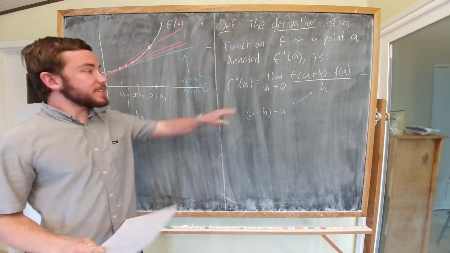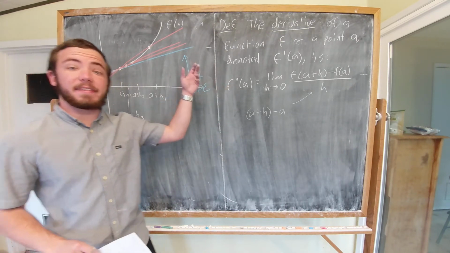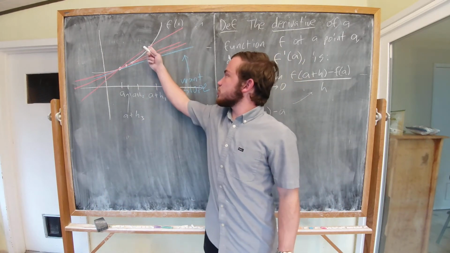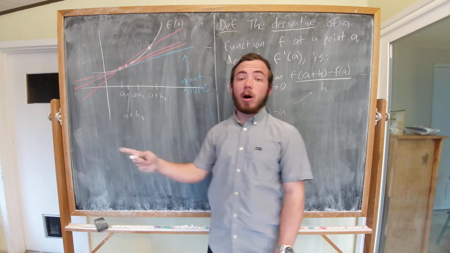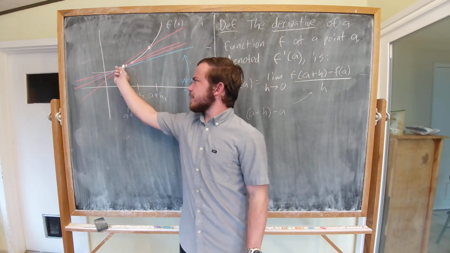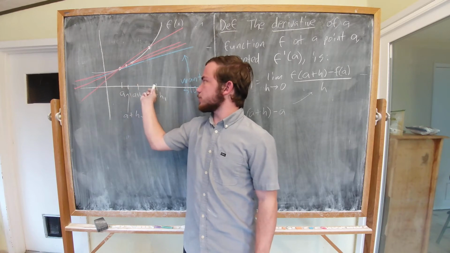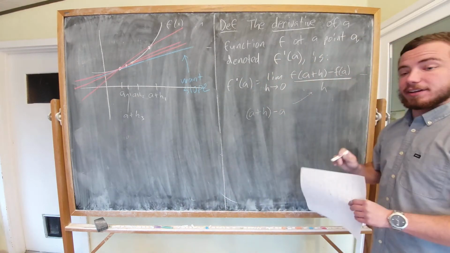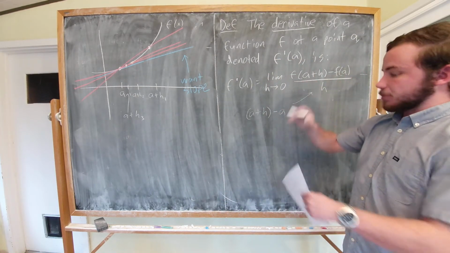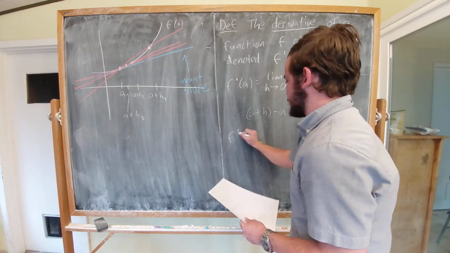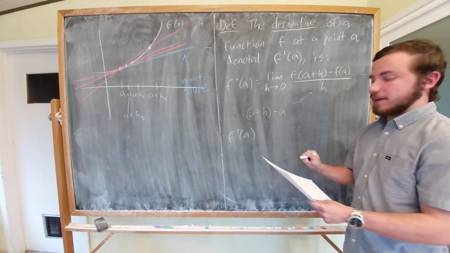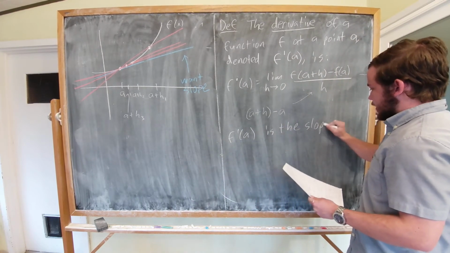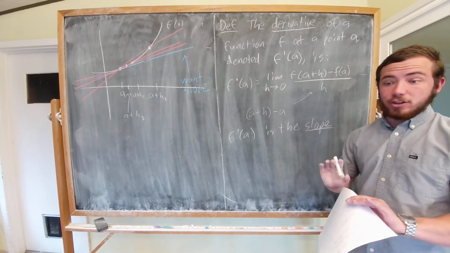Okay, so this is our definition of derivative, and we see that this is saying, hey, take average rates of change as h gets smaller and smaller and smaller. And if you take the limit as it goes to 0, right, so eventually h goes all the way to 0, then you have what's known as the derivative of the function at A. And this is precisely the slope of the tangent line to the graph at A. Now, it's just the slope, it's not the full equation for the line, right?